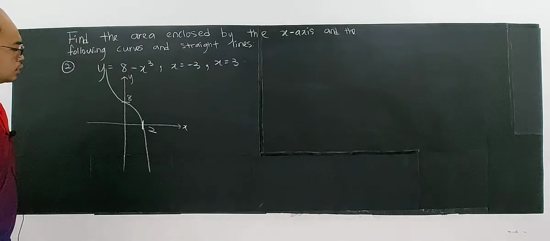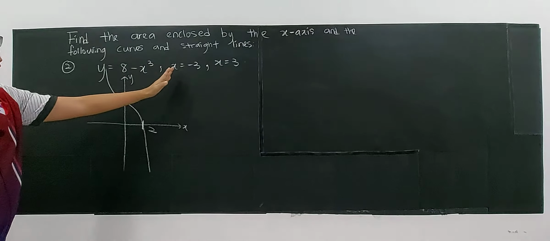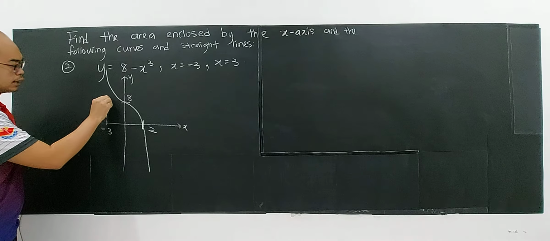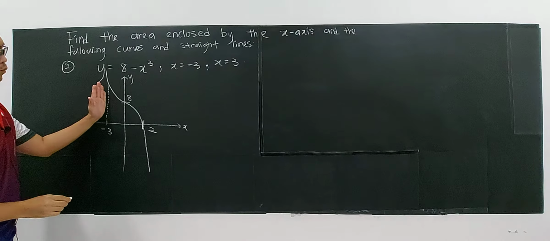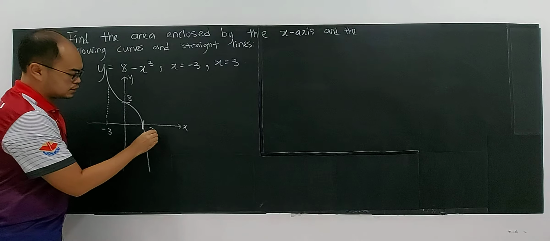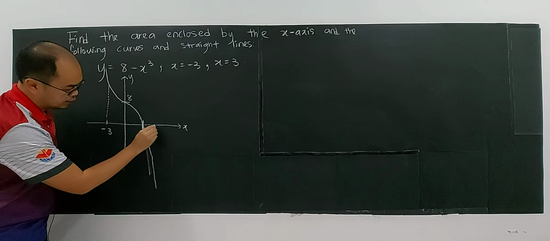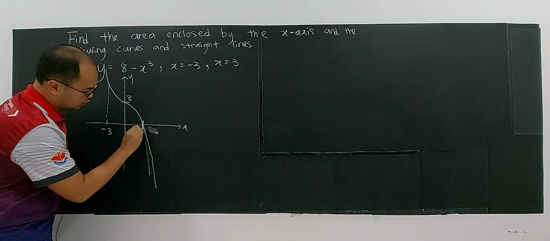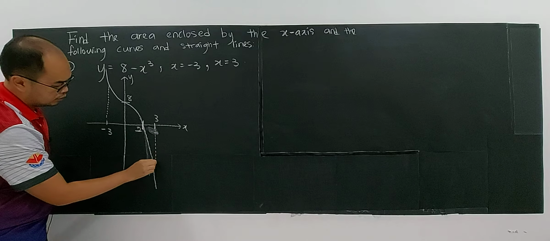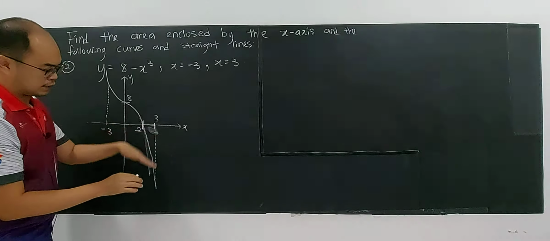So if you calculate, then you can see that it's from x equals negative 3, from this region, up to x equals 3. If you draw this, you can find out that this is 2 and then 3, so there is an area bounded by the curve and the x-axis below the x-axis.